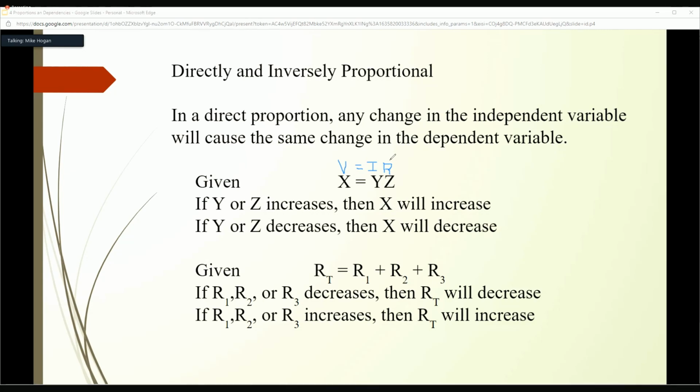When we think about Ohm's law, we said that if I increase the potential difference, remember we were talking about our river as the water is flowing by and we're standing on the bank. As I increase the elevation, as I increase the potential difference, my current will either increase or decrease, right? If I increase my potential difference, my current will increase.